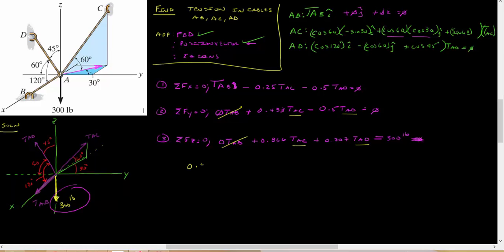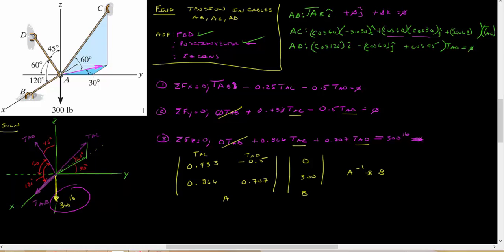I have 0.433 TAC, and I'm going to take the TAC out of there, so that's TAC, and then 0.866, minus 0.5, plus 0.707. And then I have 0 and I have 300. And this would be TAD. So this would be A and this would be B.